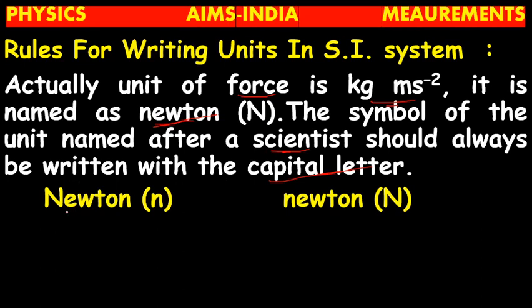Instead of mentioning with the name, if we want to mention the unit with a single letter, then it should be represented with capital letter. So writing the symbol with small n is wrong. We have to write it with capital N.